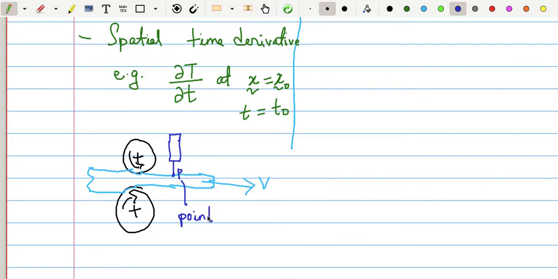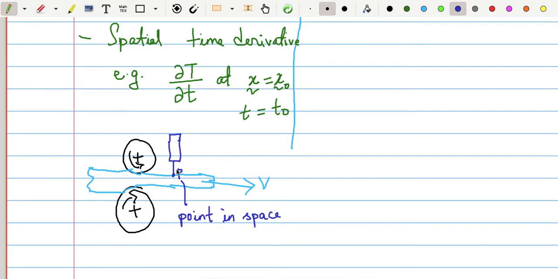It is a point in space. Why am I calling it a point in space? Because the sheet is moving and at different times the infrared sensor would be looking at different material points. So what is fixed is only the point in space at which the temperature is being monitored.